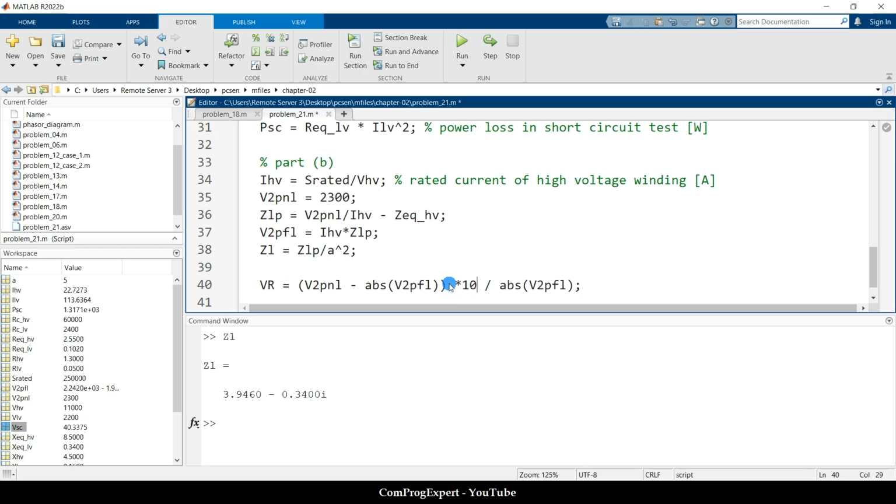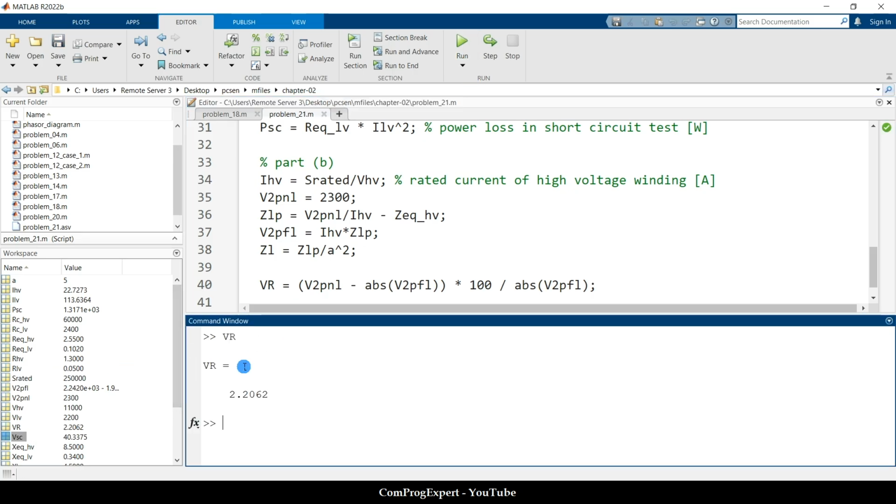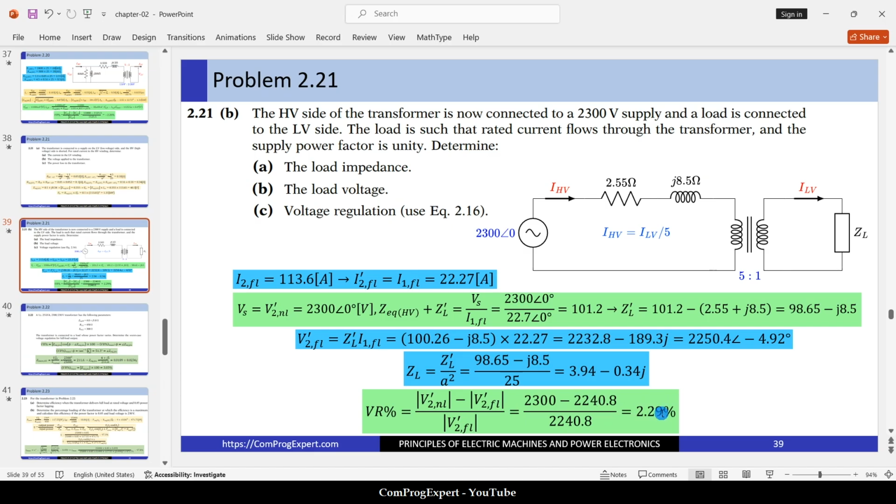We can multiply this by 100 to have it in percentage. So this is the value of the voltage regulation, 2.2, right? Percent. So we should use this amplitude here for the calculation of the voltage regulation for this problem.